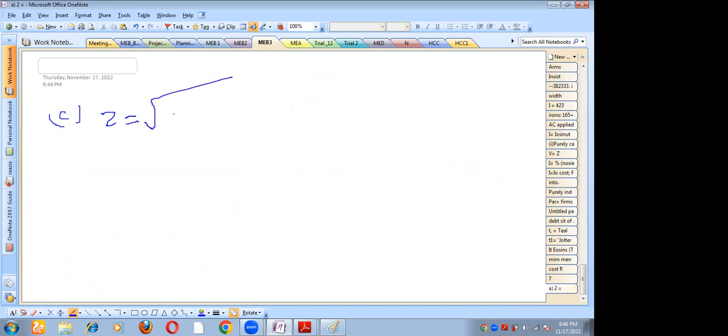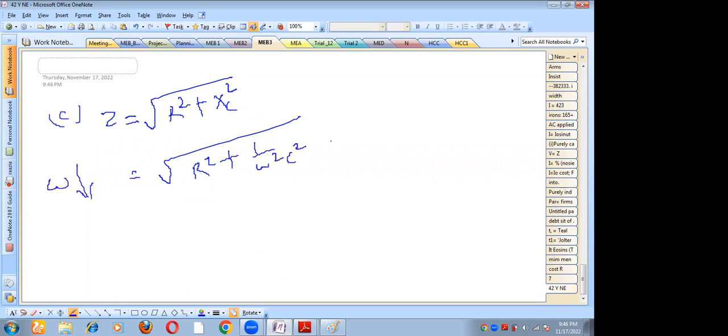Z is equal to the square root of R square plus XC square, which is R square plus 1 by omega square C square. In the question omega is decreasing, it means this term will increase, it means Z will increase, so current should decrease, right? So C cannot be the answer.